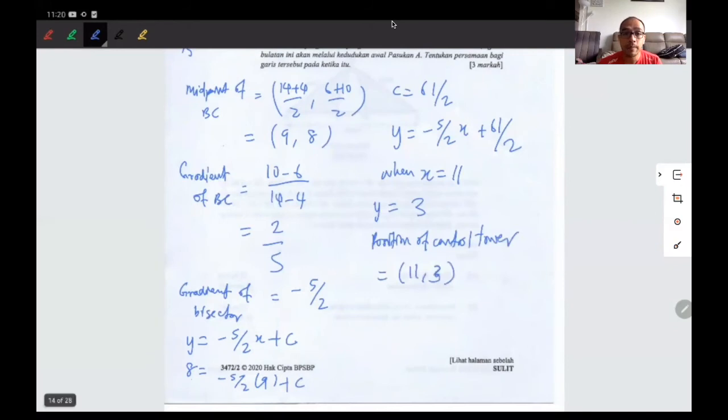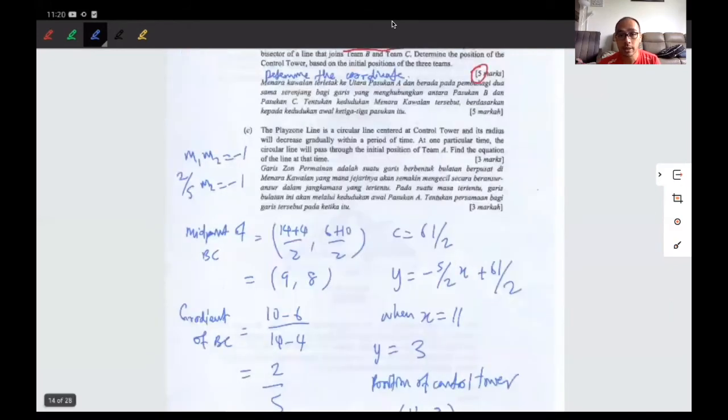Okay. All right, the play zone is a circular line centered at the control tower. Its radius will gradually decrease within a period of time. At one particular time, the circular line will pass through the initial position of team A. Find the equation of the zone. This is a locus question.